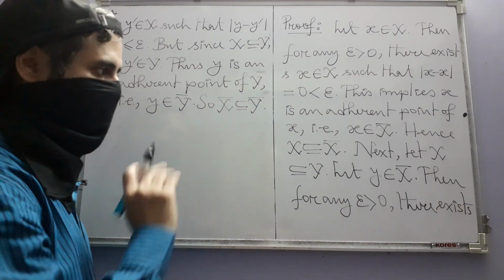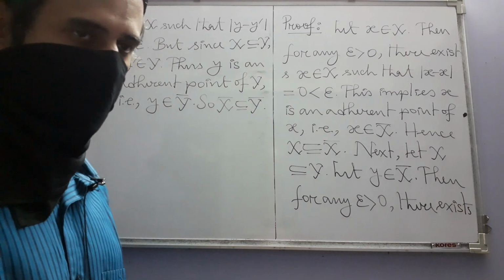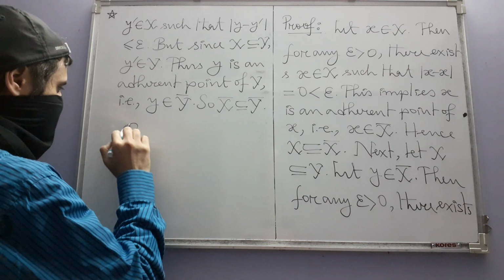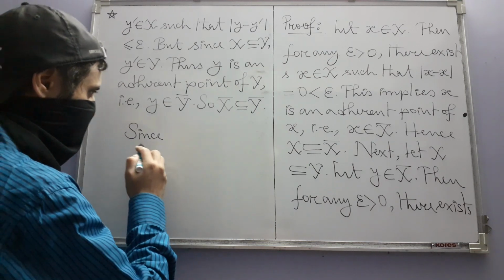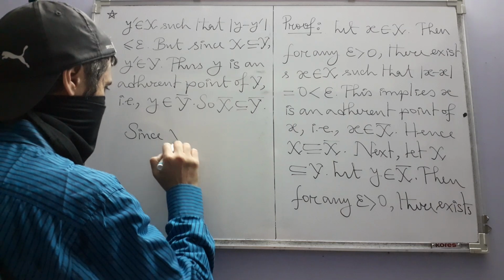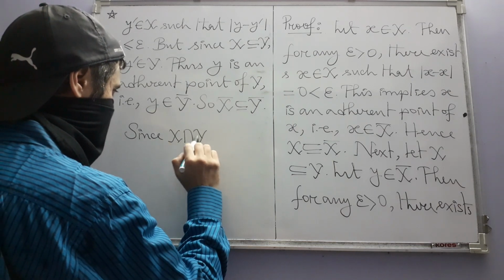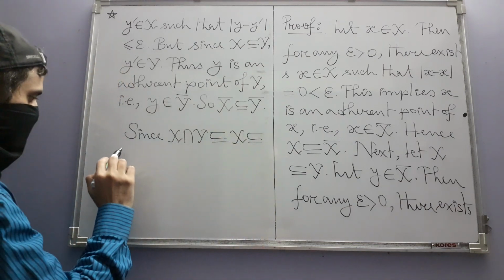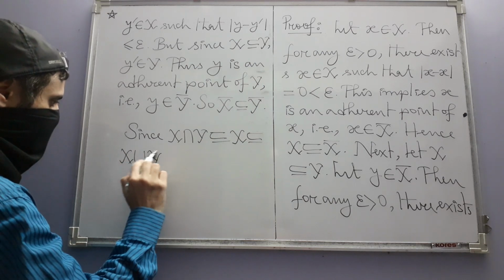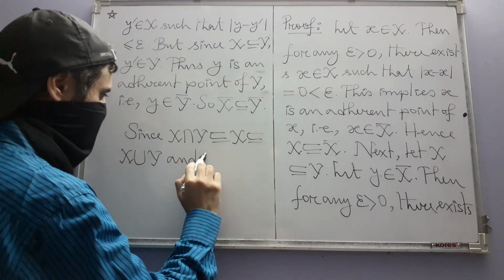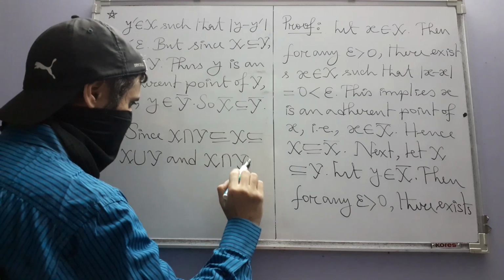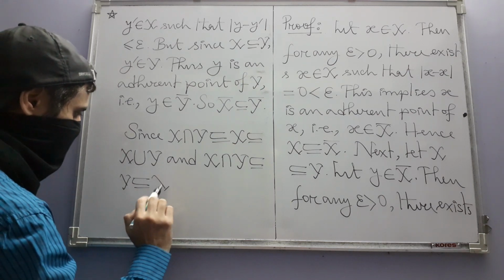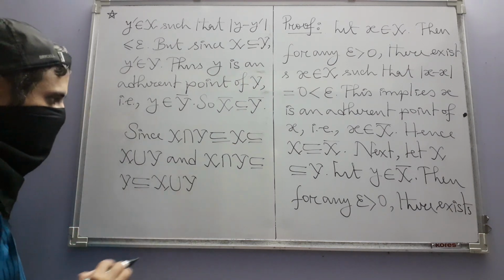And now we go to those other properties involving unions and intersections. And let's do that in another paragraph. Since you have these containments, x intersection y is a subset of x, and that is a subset of x union y, and at the same time x intersection y is a subset of y, which in turn is a subset of x union y.